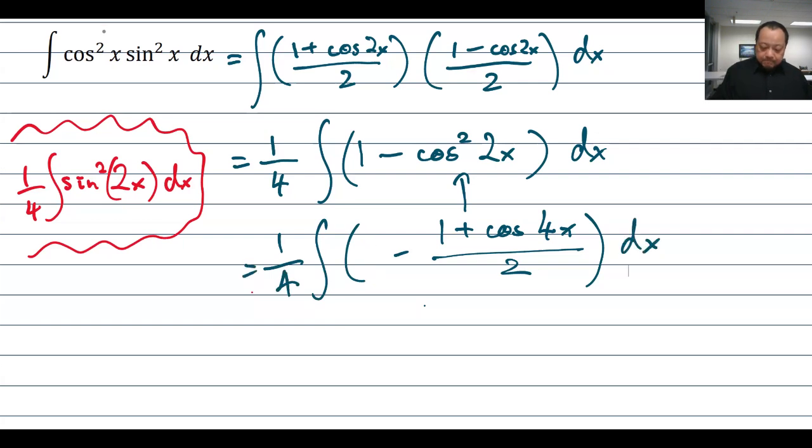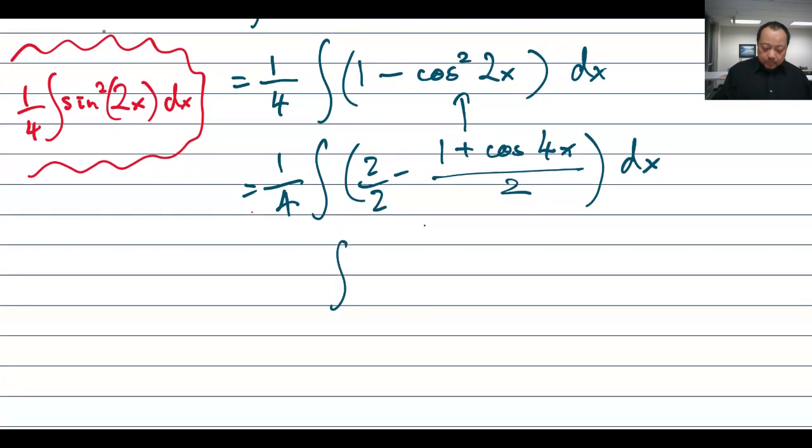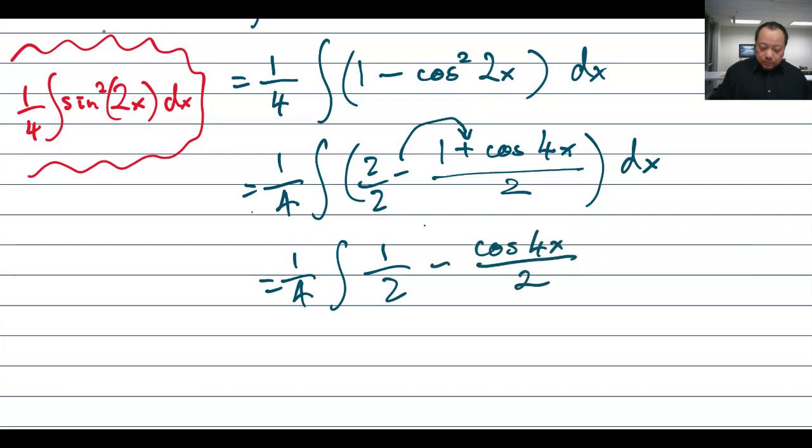Right? Common denominator. 2 minus 1 is 1, so I have 1/2. And then this minus sign distributes in there, so now it's minus cosine 4x over 2.